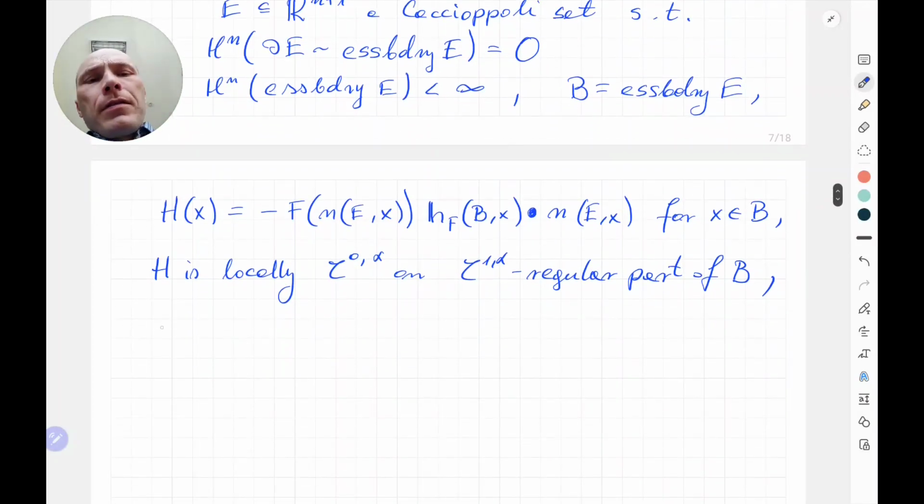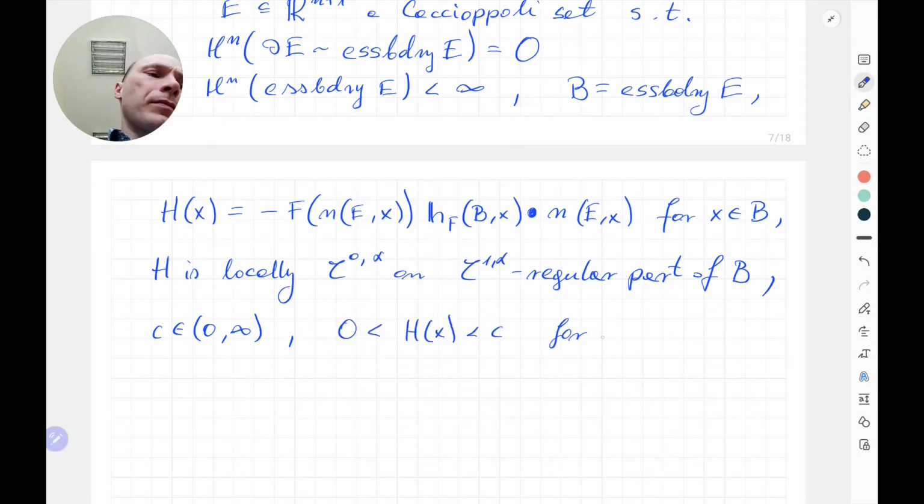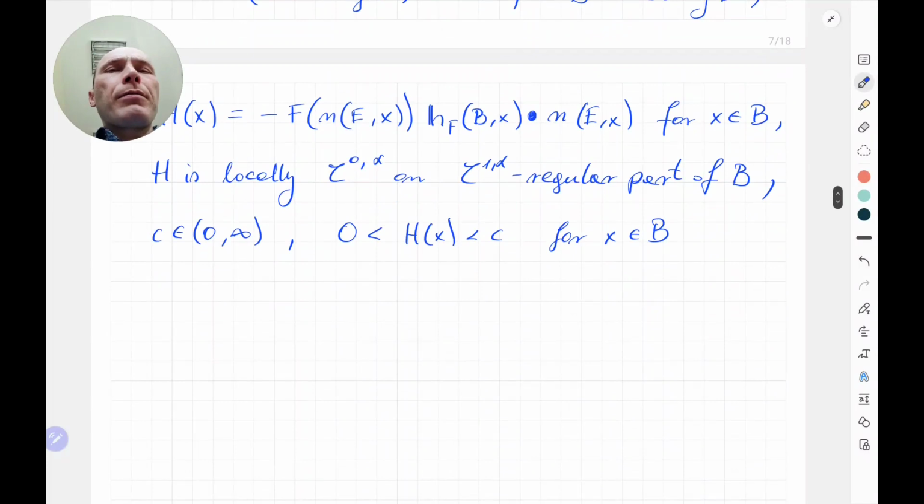And then C is just a positive number, and we assume H, the mean curvature, is non-negative and bounded by C. Then the Heinz-Karcher inequality holds.